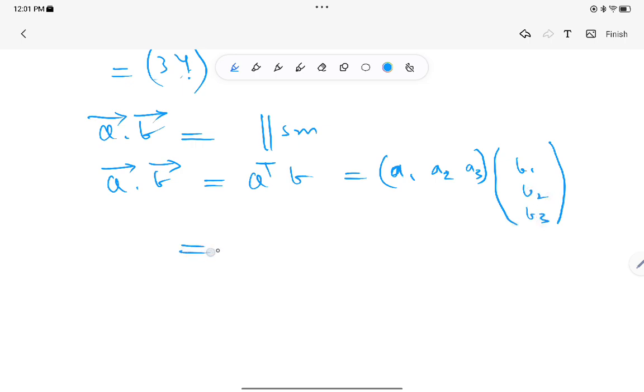Then you can do it. So dot product will mean A1 B1 plus A2 B2 plus A3 B3. If you have an expression of this type, you can write it in a compact form using this.